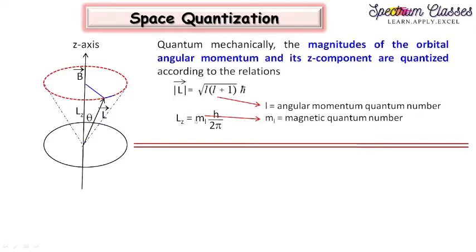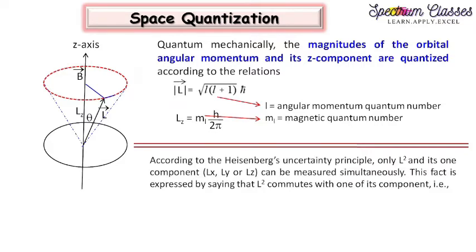The reason behind that is given by the commutation relation of the orbital angular momentum. According to the Heisenberg uncertainty principle, only L square and one of its components, either Lx, Ly or Lz, can be measured simultaneously.